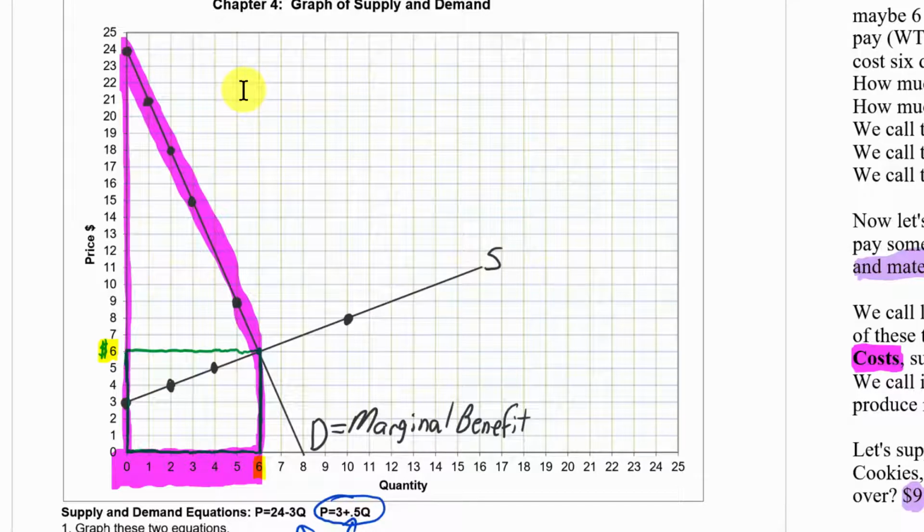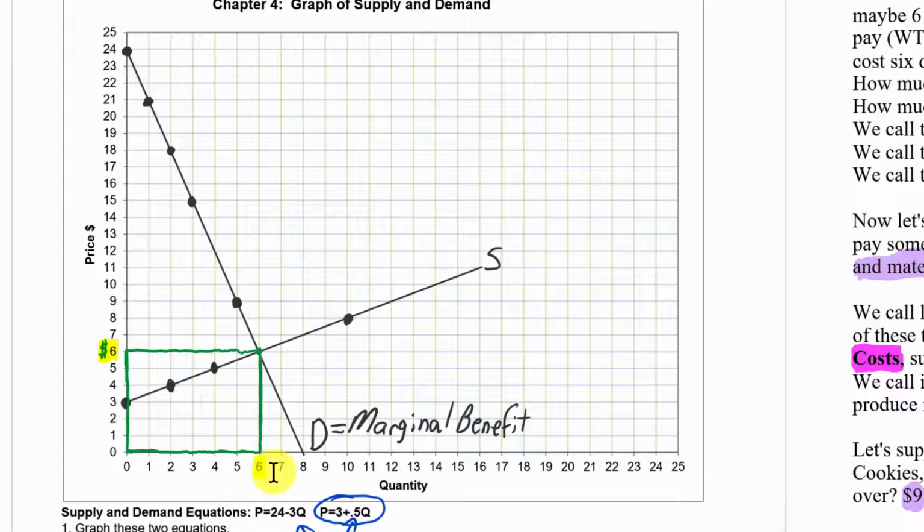Now, there is a formula for the area of a trapezoid. I don't know it because I think it's not something that you should waste your memorization powers. Instead, what we can always do with a trapezoid is we can divide it into shapes like triangles and squares that we already know how to find the area. But again, what we're trying to do is add up all the area under the demand curve and over to 6 units, since we're talking about buying 6 units.